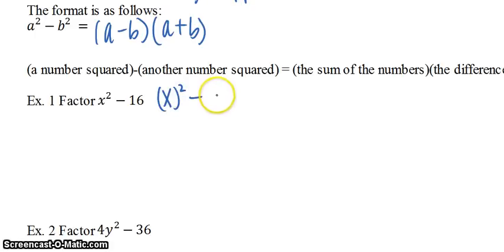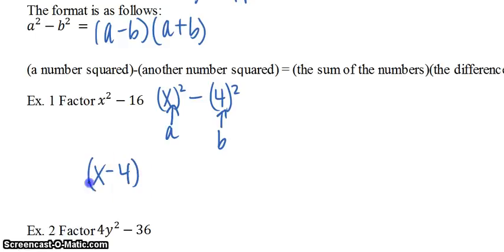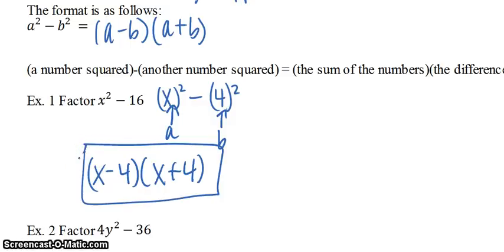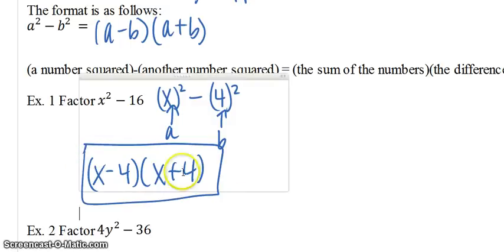What squared is 16? 4 squared is 16. So now that I've figured out my a and b, I can rewrite this as x minus 4, because that's a minus b, times x plus 4, which is a plus b. And that is my answer. That's how simple it is.